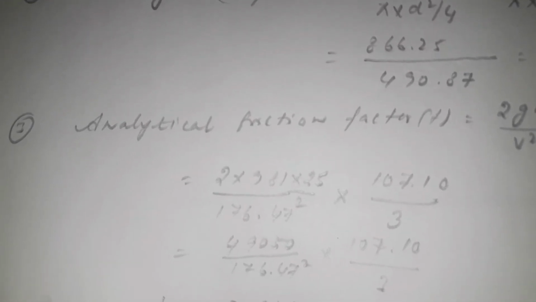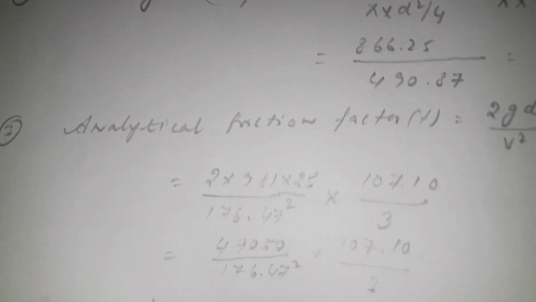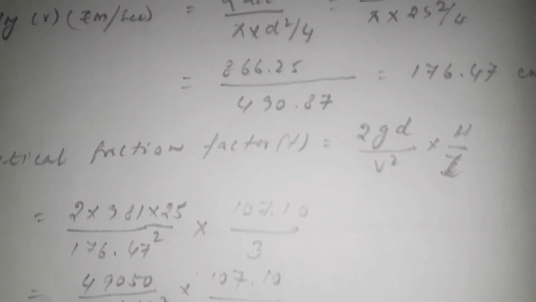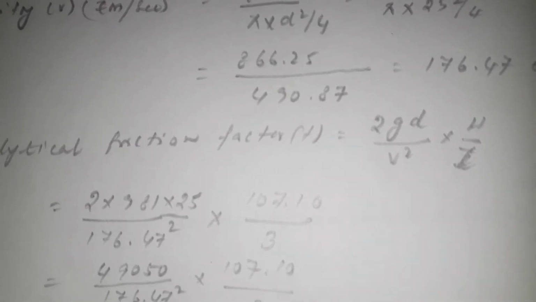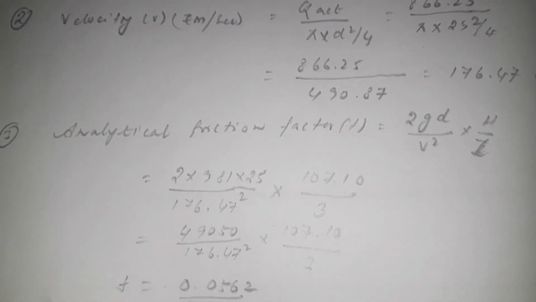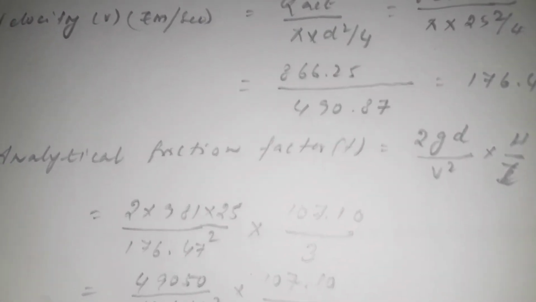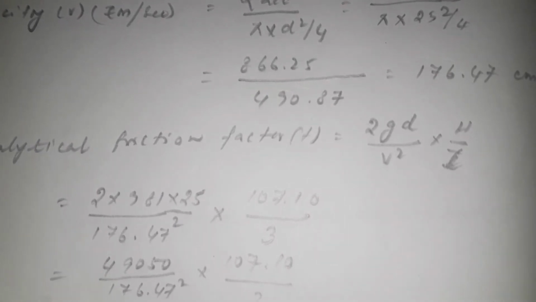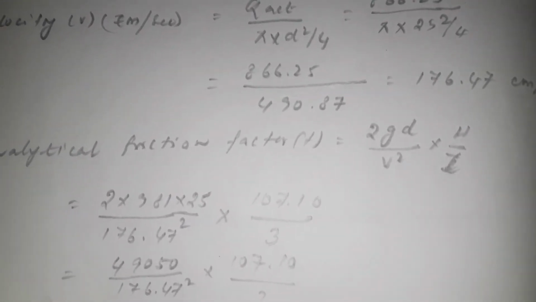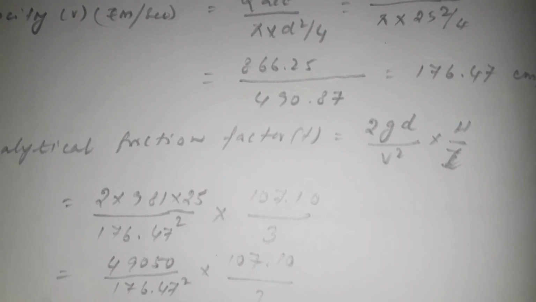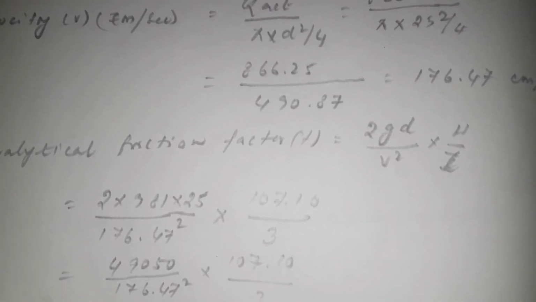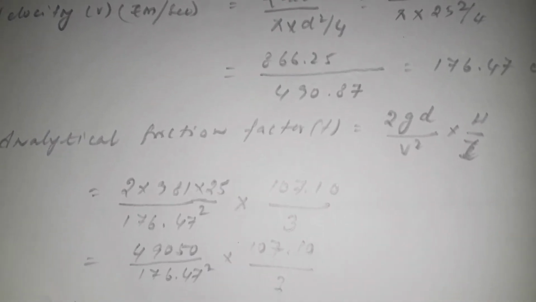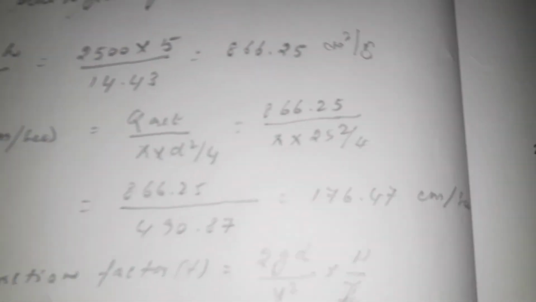After that, analytical friction factor f. The formula is 2gd divided by v square into h by L. h means head loss, divided by length of pipe, and 2 into g, the gravity, and diameter is 25, and v square, the velocity already found.